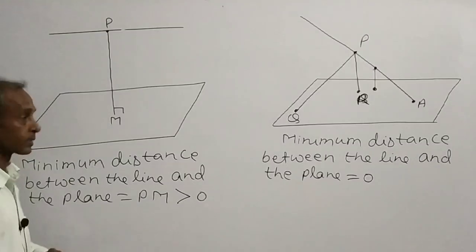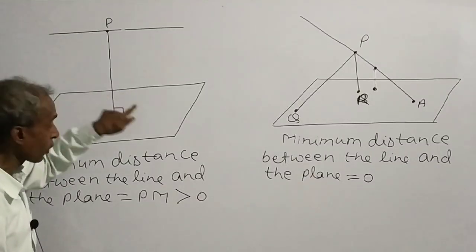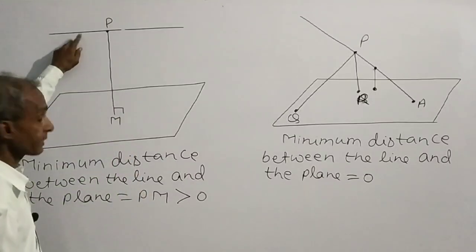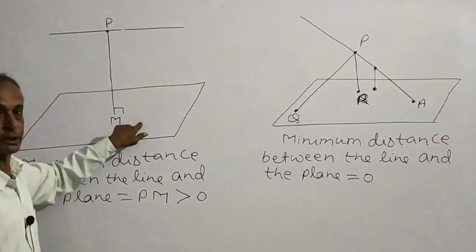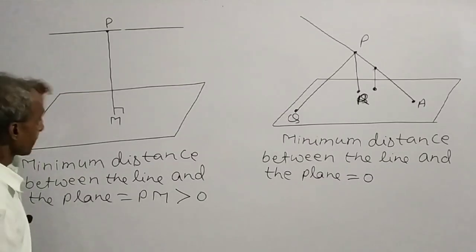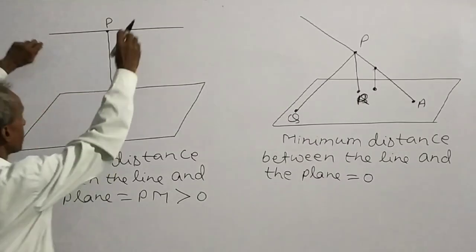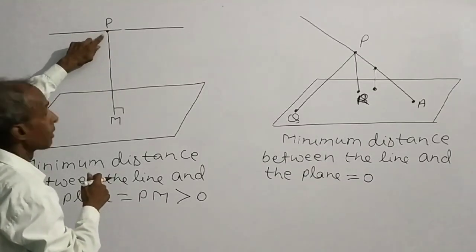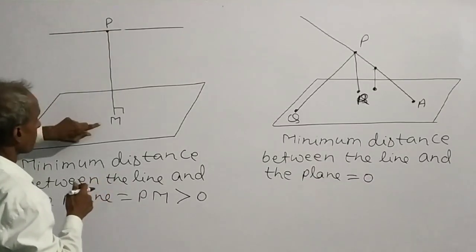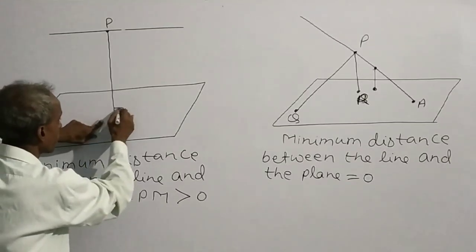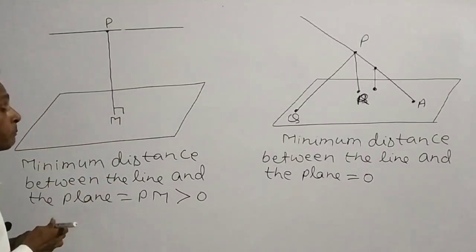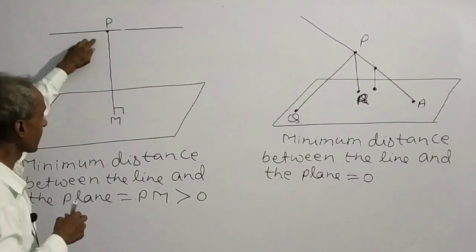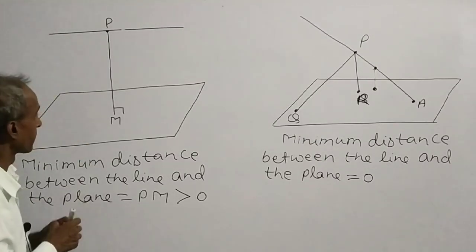But when the line does not intersect the plane, but this line is parallel to this plane, then the perpendicular distance of a point on this line from this plane will be the minimum distance between a point on this line and a point on this plane.